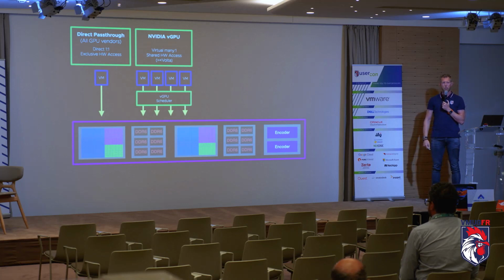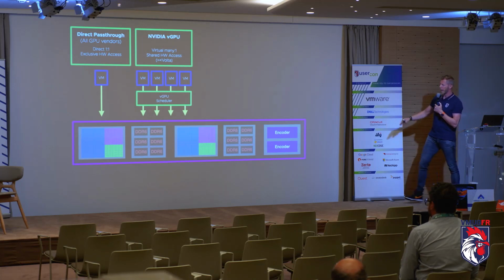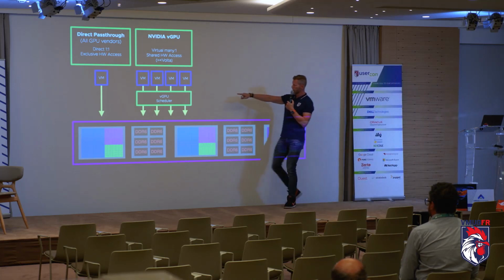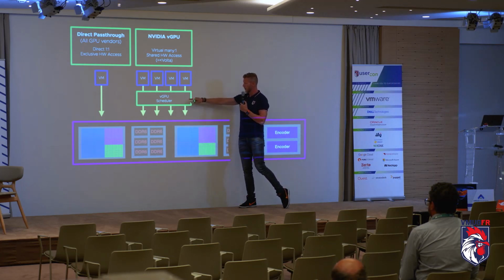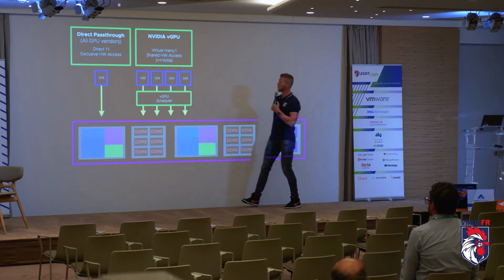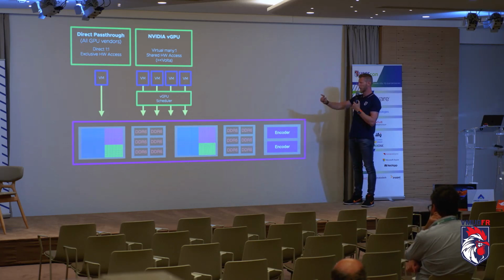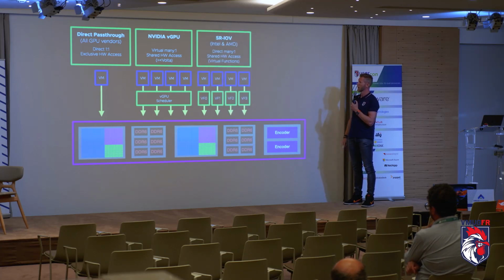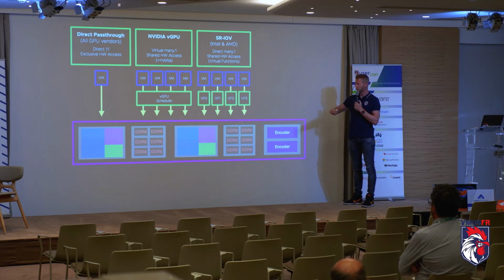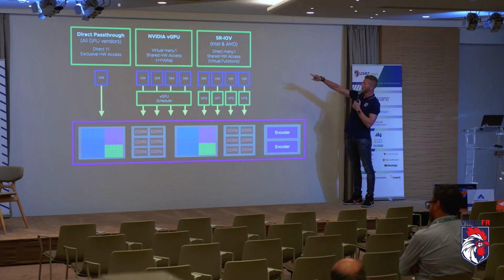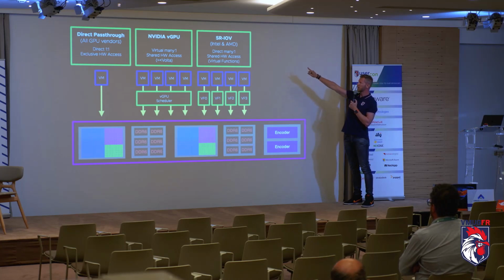Then vGPU was introduced, so you basically have the same virtual machines, but you put a GPU scheduler in the middle, and now suddenly multiple of those virtual machines can use the card. And the scheduling will take care of assigning the right workloads to the right VM. Then there was SR-IOV, which is basically assigning a virtual function to a virtual machine. Besides AMD, Intel is using that as well.